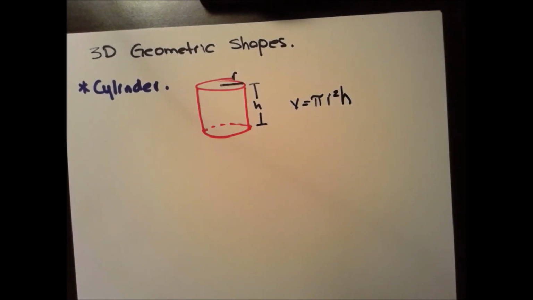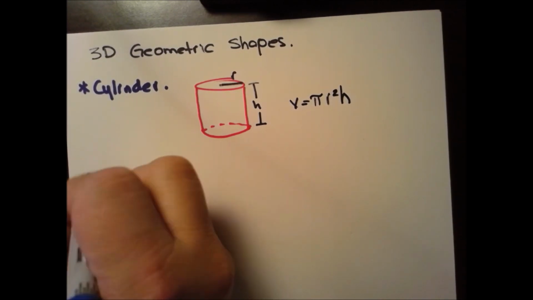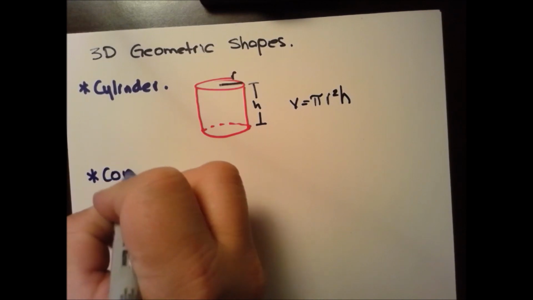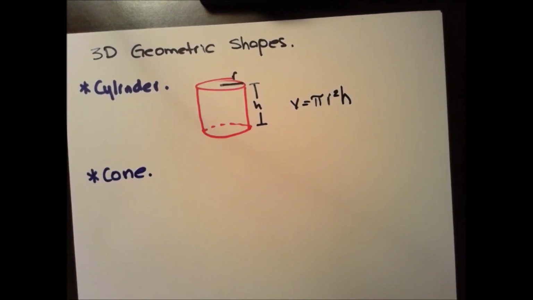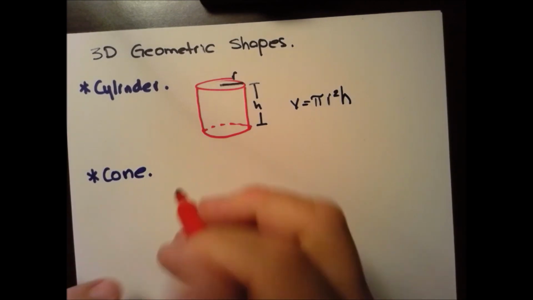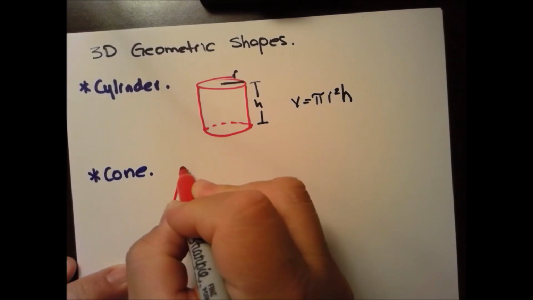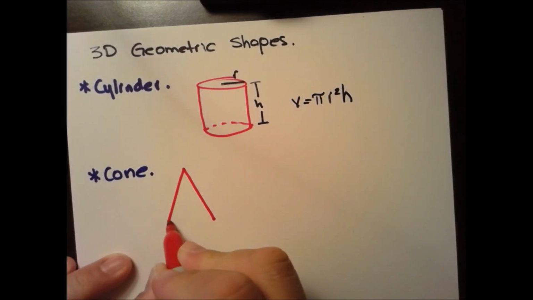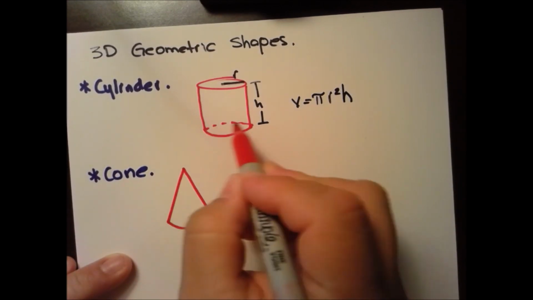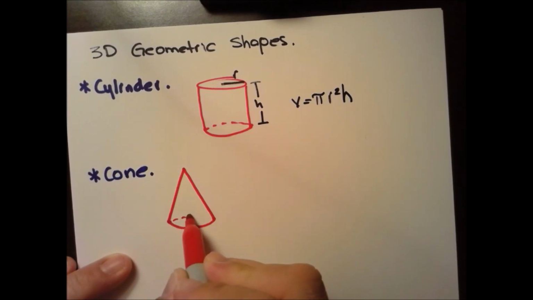Next one is the cone. The cone is something similar to the cylinder, but it is going to have only one circular part. Here we have the base and the top, and here is only the base.